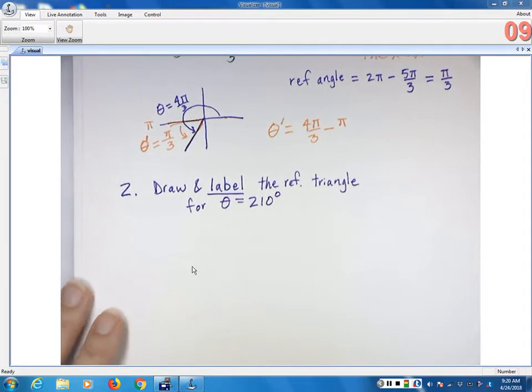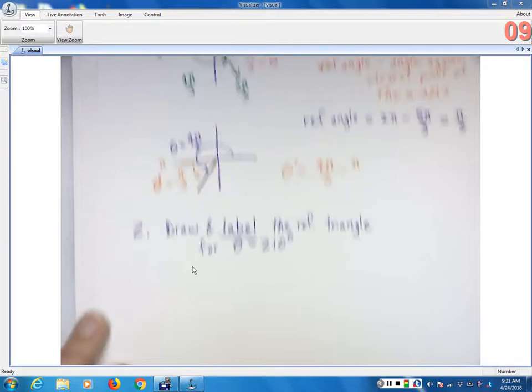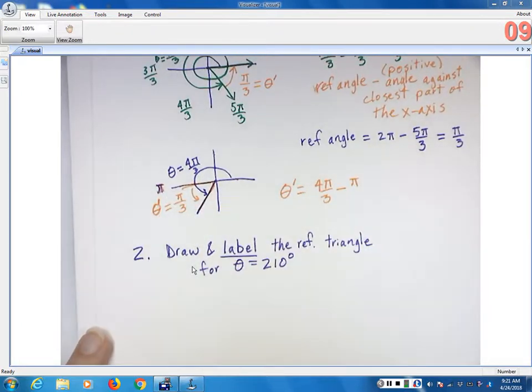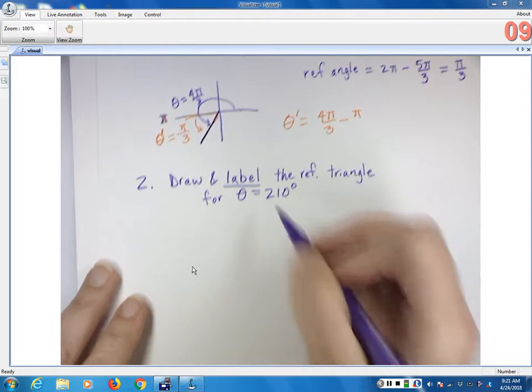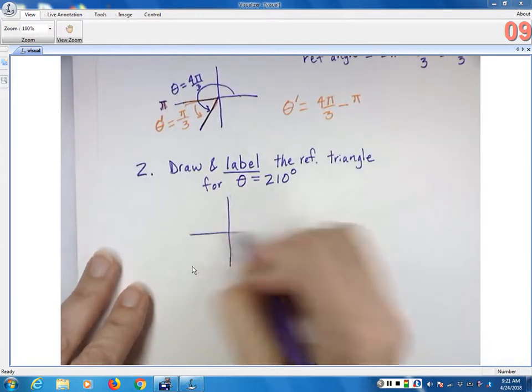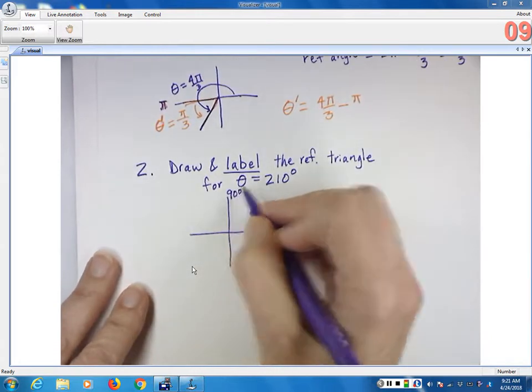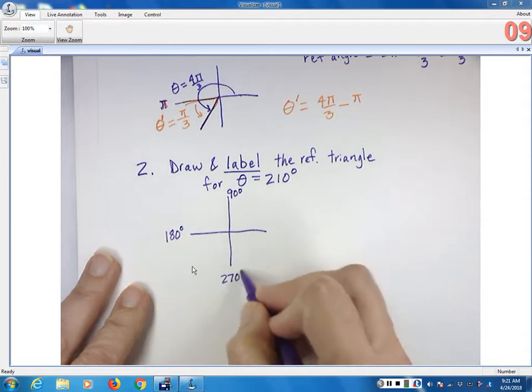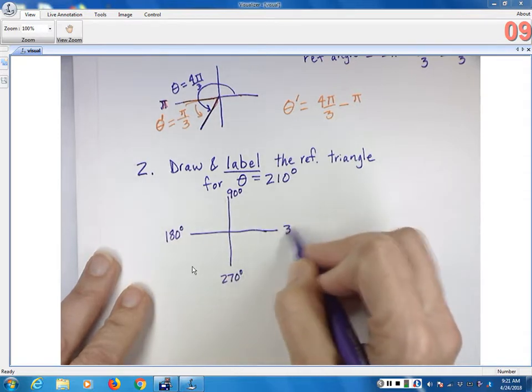And remember, this is the part where you don't have your unit circle and you don't have your calculator. So you've got to know that this is pi over here. But here at 210, you've got to know that this is 90 degrees, this is 180, this is 270, and of course it's 360, 0.